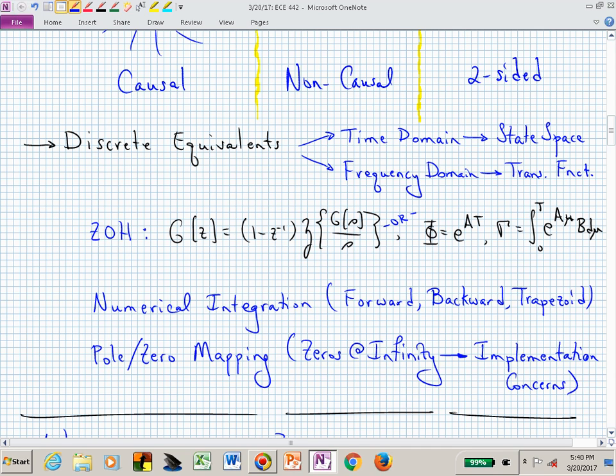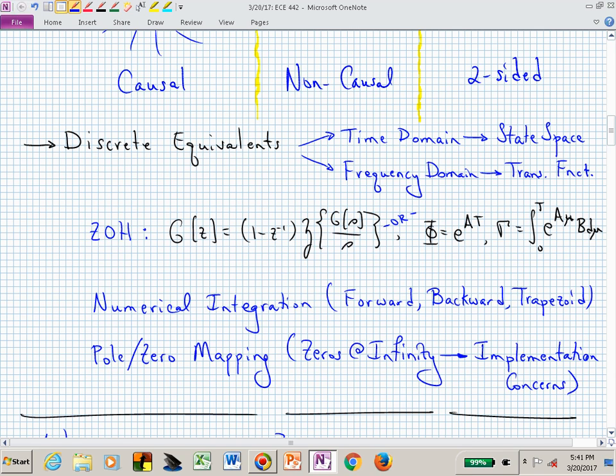Or if we're doing it exactly in the state space form, we now need to find the system matrix A and find its matrix exponential, e to the At. That's now our state matrix or system matrix in the discrete time setting. And the input matrix gamma is this integral, e to the A mu B d mu.